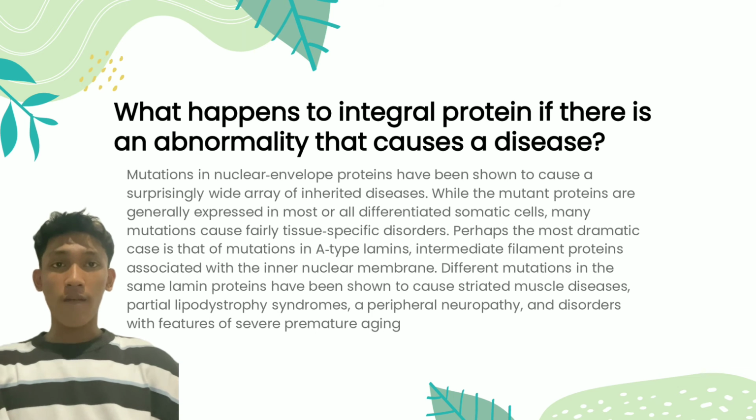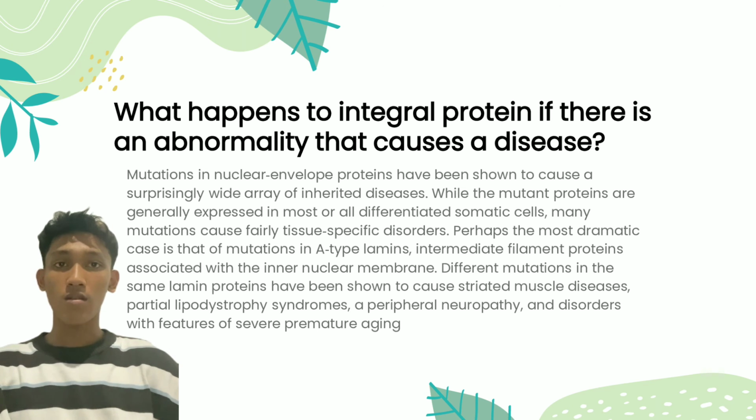Mutations in nuclear envelope proteins have been shown to cause a surprisingly wide array of inherited diseases. While mutant proteins are generally expressed in most or all differentiated somatic cells, many mutations cause fairly specific disorders.